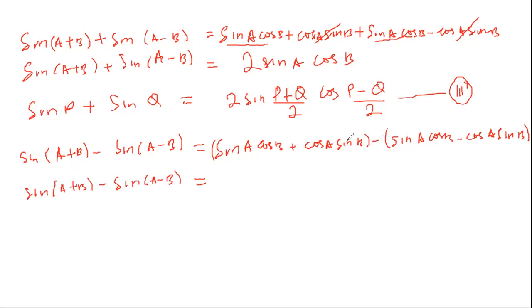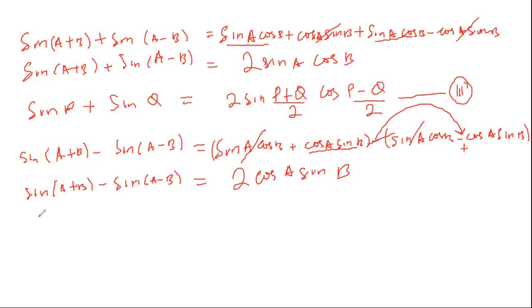So on opening brackets, this will cancel out with that to give us a 0. Then we remain with cos A sine B plus, this will change this sign to positive. So it becomes plus cos A sine B. So that in the end will give us 2 cos A sine of B.